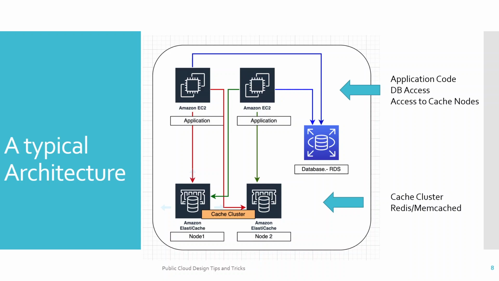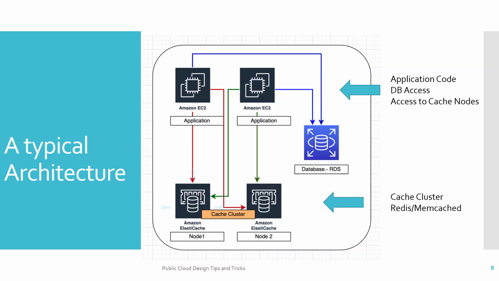These nodes can have Redis or Memcached based on the requirement. These nodes form clusters, and the EC2 machines can directly access any of the nodes in the area below. It also has connectivity to a traditional RDS where other kinds of transactions can happen. So this is how a typical Amazon ElastiCache application looks.